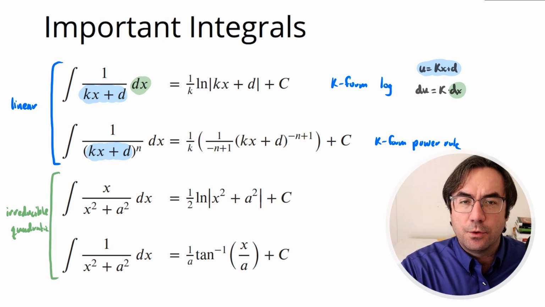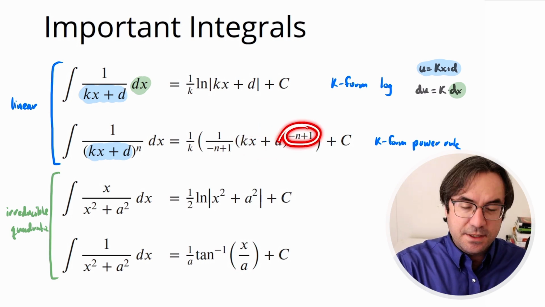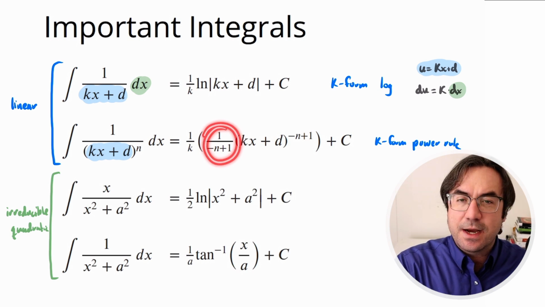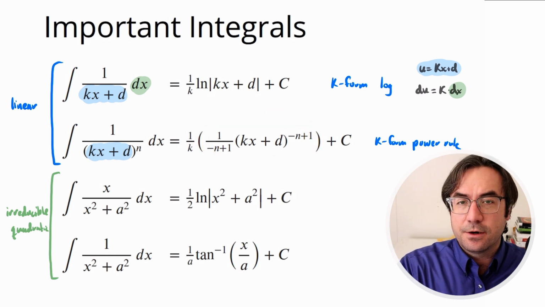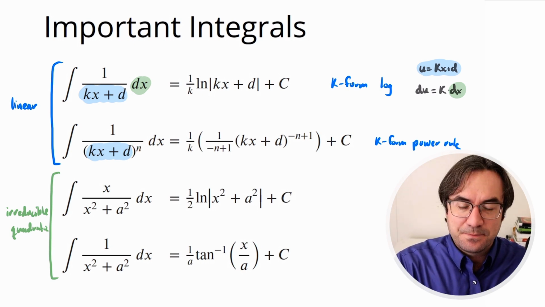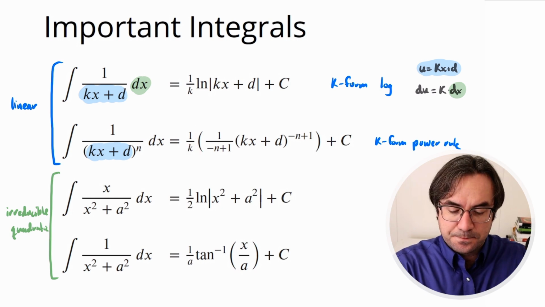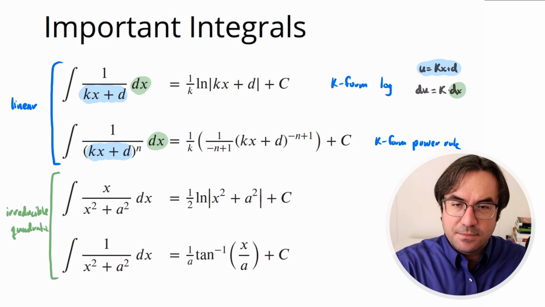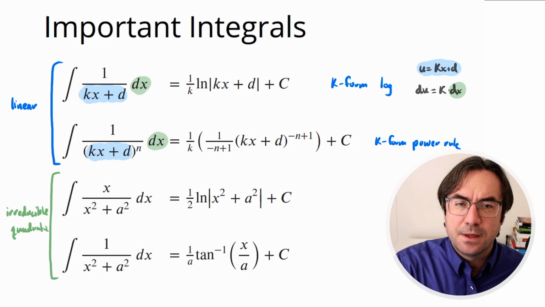And if we do our power rule, we keep the stuff that's inside the parentheses, we add 1 to the exponent, and then we take that new exponent, flip it, and put it in front. So this is like our standard power rule, but when our exponent is negative n. And just like before, we would take that k and flip it and put it in front. So it's one of those k form ones. And we would see that from the same thing. We'd have to get the differential to match, so if this is our u sub, we'd have to divide both sides by k.